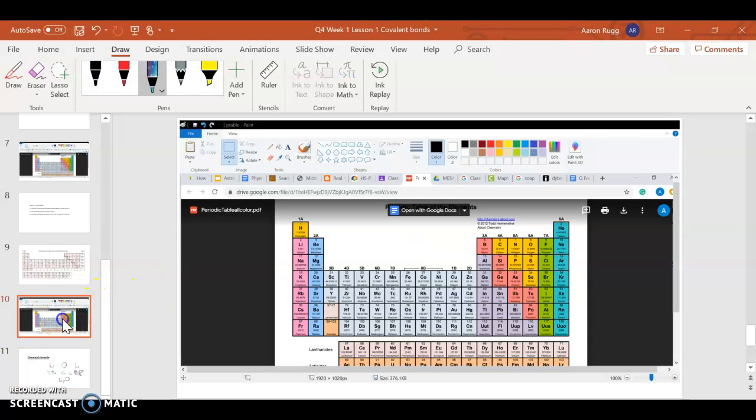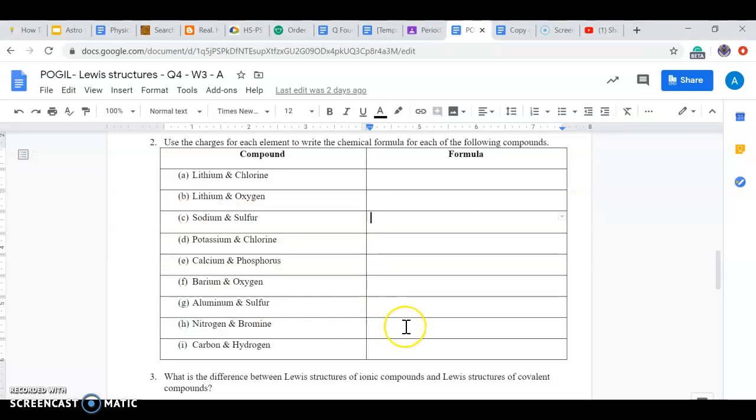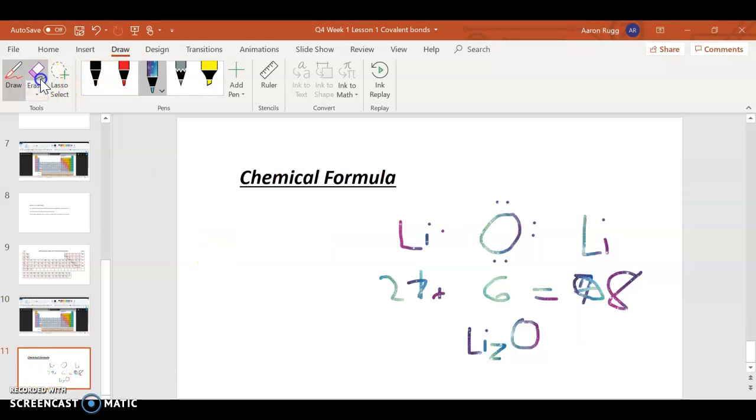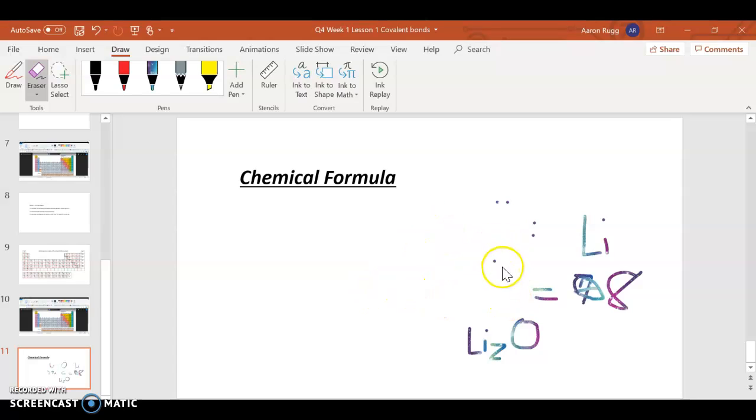So let's look at another one. This time let's pick a covalent, carbon and hydrogen. All right. So here's what I suggest you guys do. Use this as your benchmark to see if you're ready for this or if you need more practice.